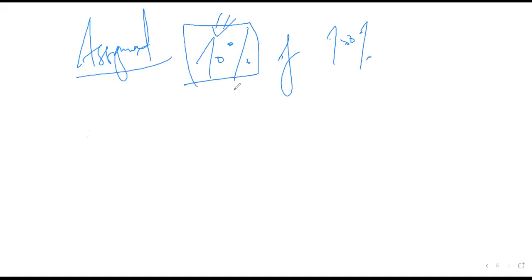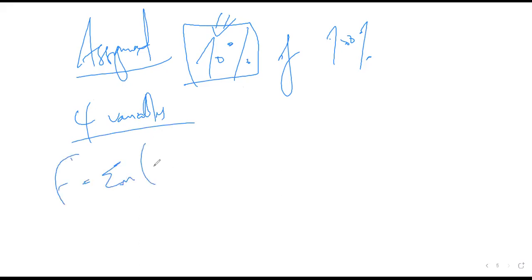So, 4 variables. We have a function of 4 variables, F, equal to the sum of minterms 0, 7, 9, 12, 15.